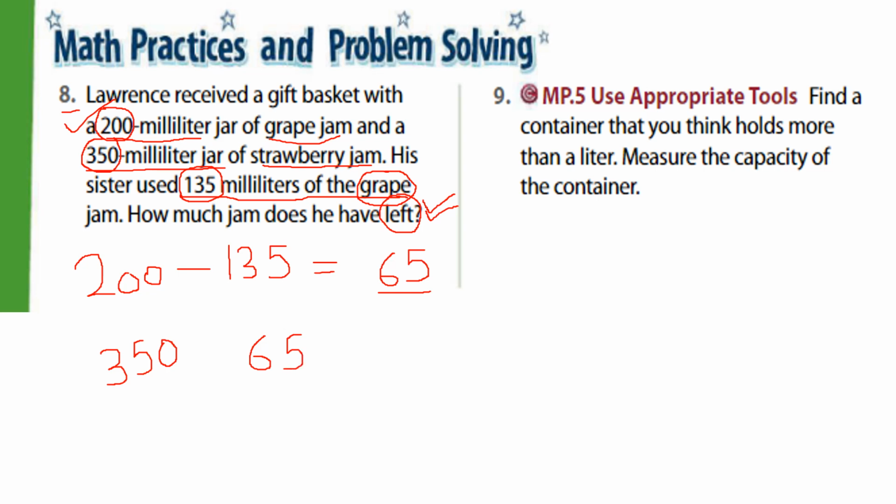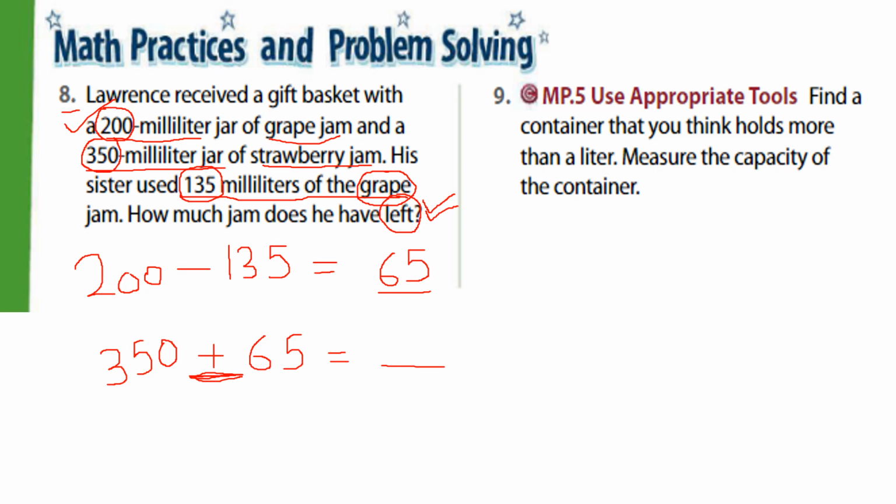Now I want to find the total capacity left. So what operation will I use here? Plus or minus? I want to find the total milliliters of jam left. Excellent. I will add, and here you will find your sum, and that will be the capacity left.